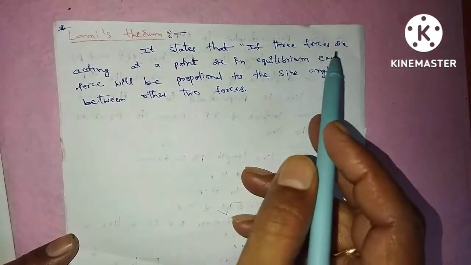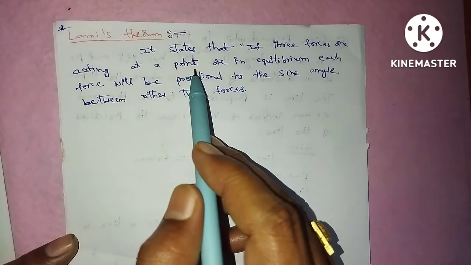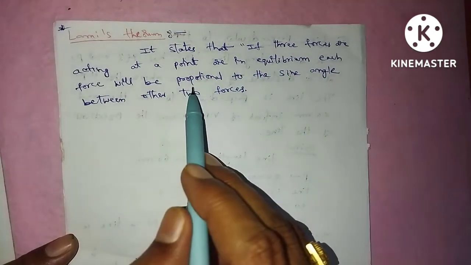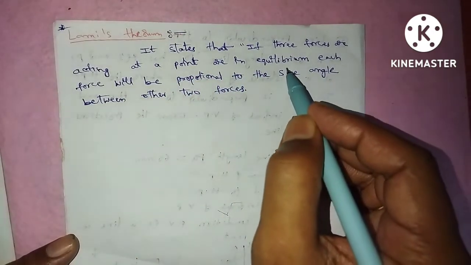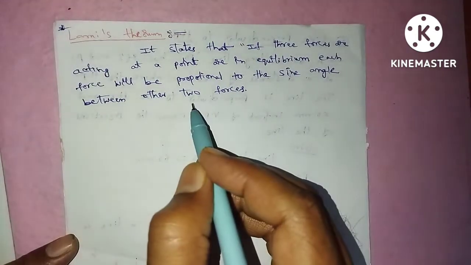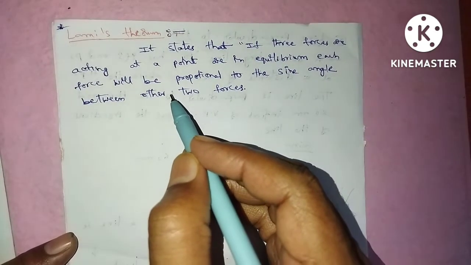It states that if three forces are acting at a point or in equilibrium, each force will be proportional to the sine angle between the other two forces. This is the statement of Lami's theorem.